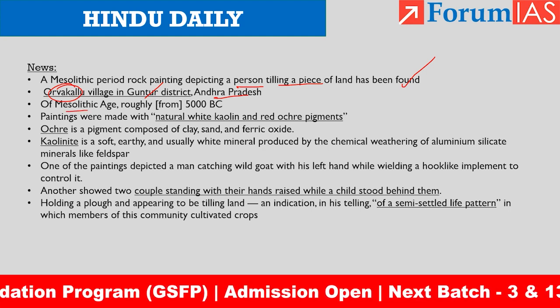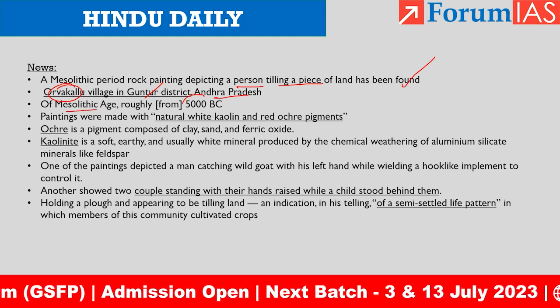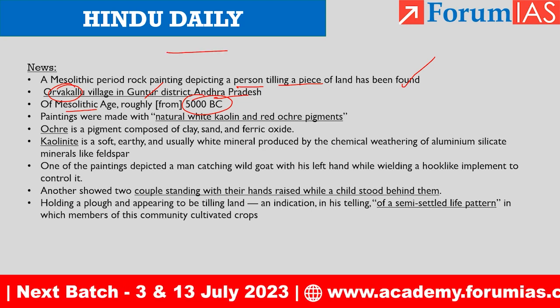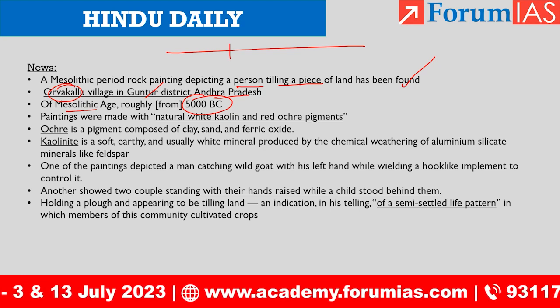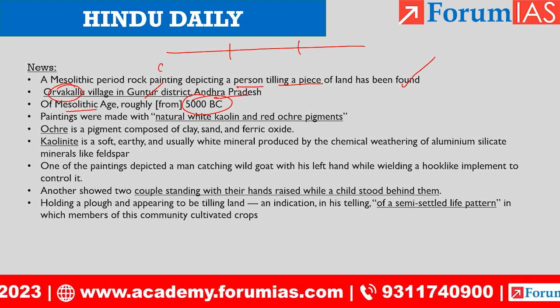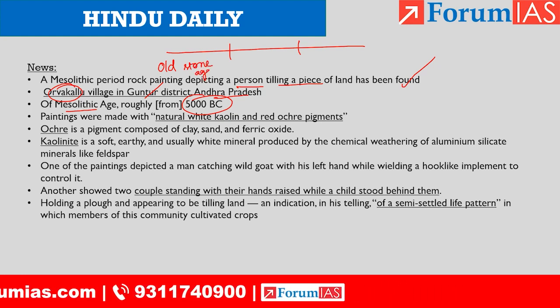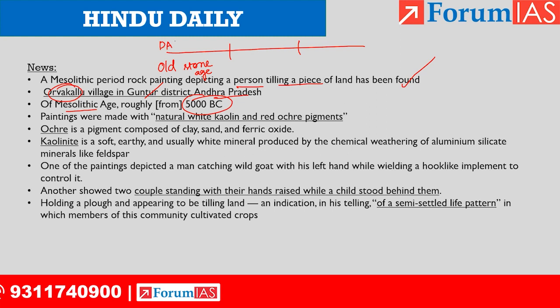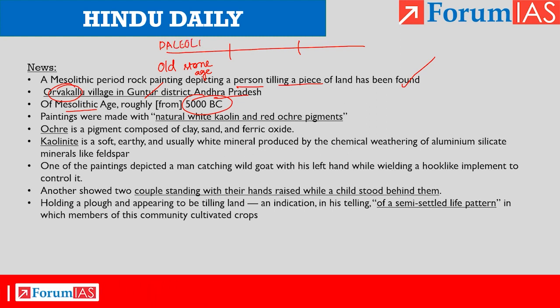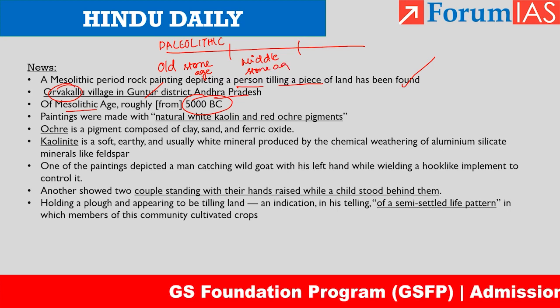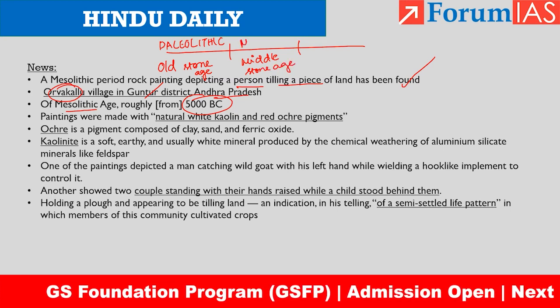So Mesolithic age means what? It is roughly around 5000 BC. So in the timeline of history, we have Old Stone Age, which is the Paleolithic period. And then we have the Middle Stone Age, which is the Mesolithic period.